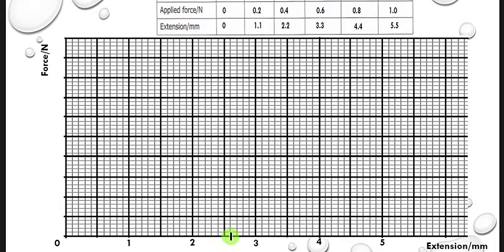what we are going to do now is to go this way again. Since it is a difference of 0.2 each time, from here to here, give it 0.2. From here to here, 0.2 plus 0.2 gives you 0.4. 0.4 plus 0.2 gives you 0.6. 0.6 plus 0.2, 0.8. 0.8 plus 0.2 gives you 1.